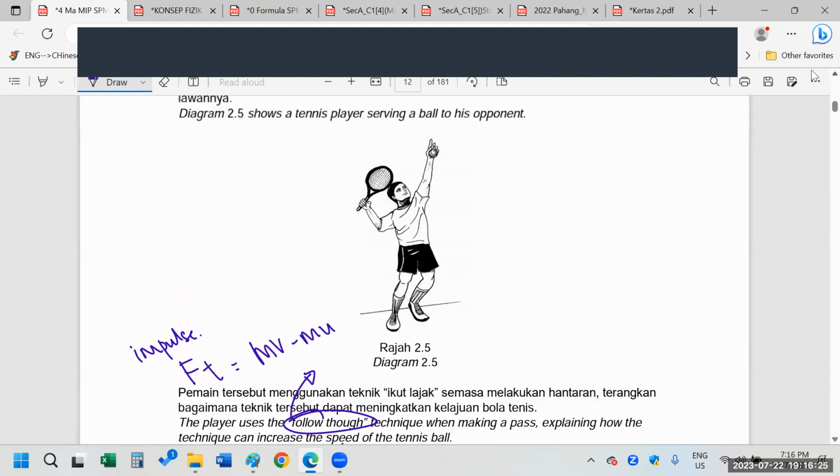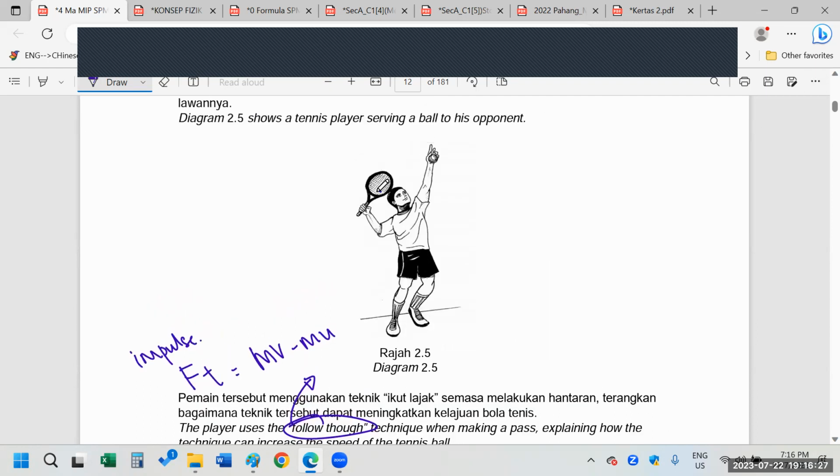Follow through means hitting and following through. You hit over a longer distance, so you make the ball faster and you increase acceleration. And so you increase impulsive force.